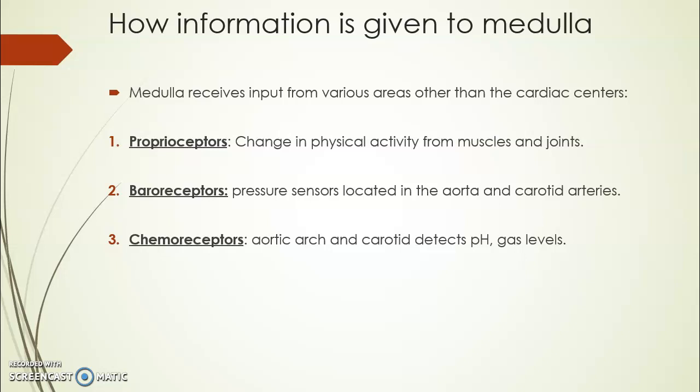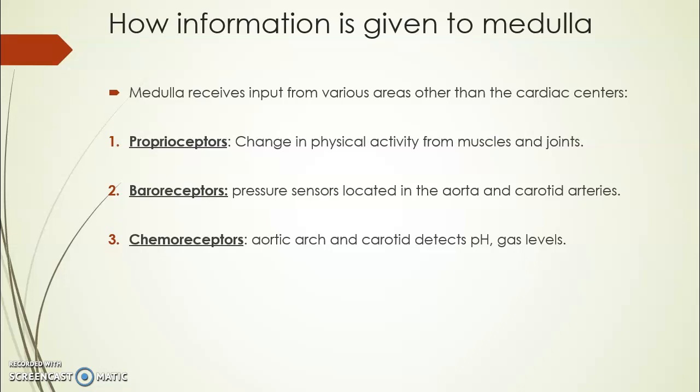So these are going to be the ones that are activated when someone begins to run a mile and the oxygen needs to be increased. So the blood flow needs to be increased. Therefore, the heart needs to pump faster. So these proprioceptors are going to be very important for that.